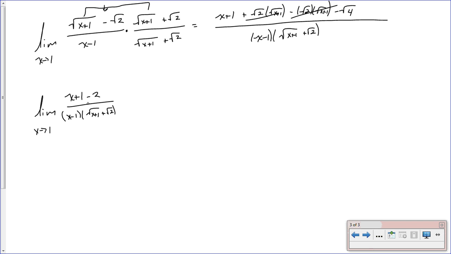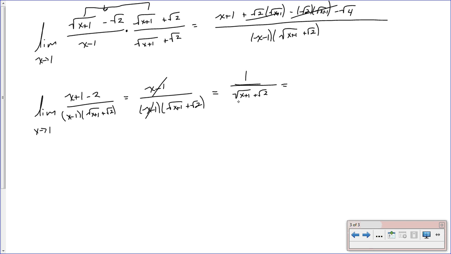Alright, now x plus 1 minus 2 is simply x minus 1 over x minus 1 square root of x plus 1 plus the square root of 2. Now as you can see here, this and this cancel out, leaving you with 1 over the square root of x plus 1 plus the square root of 2.